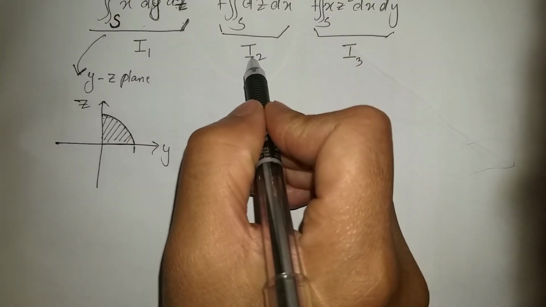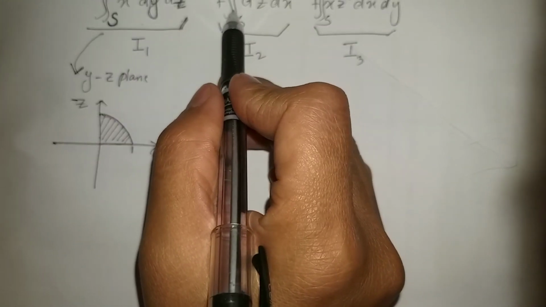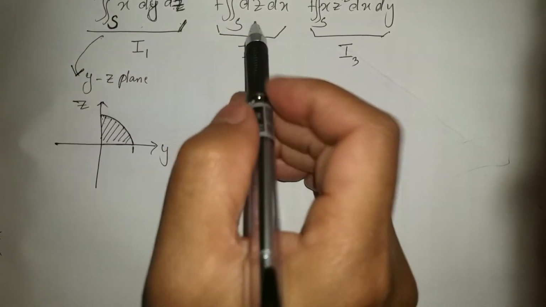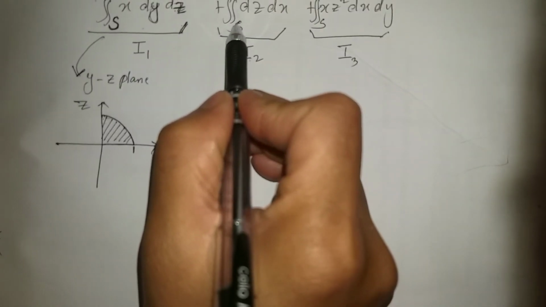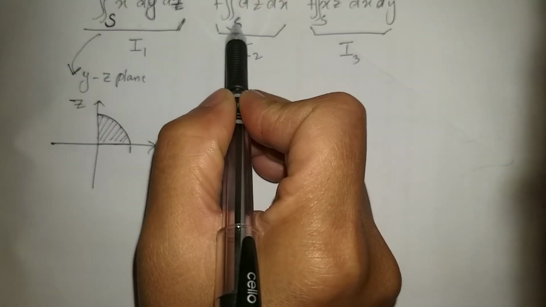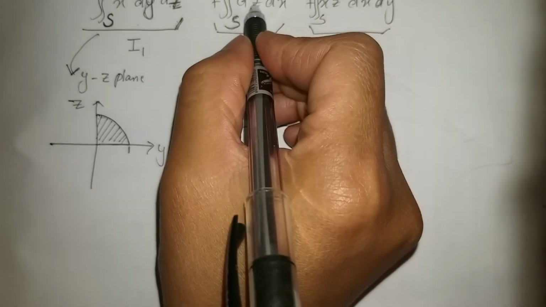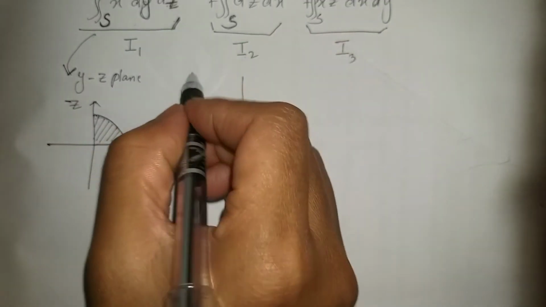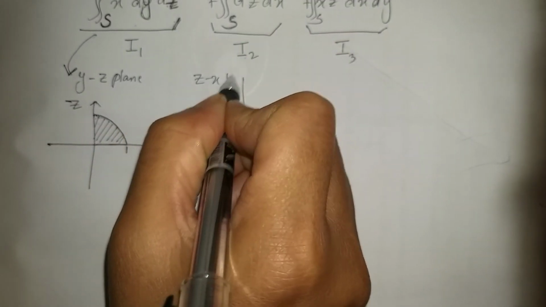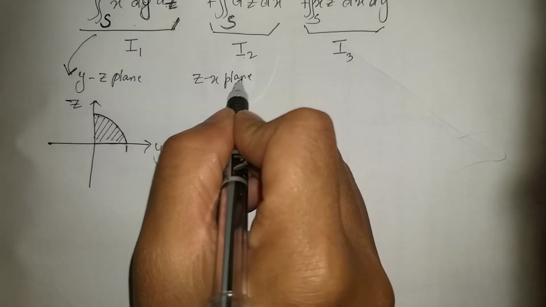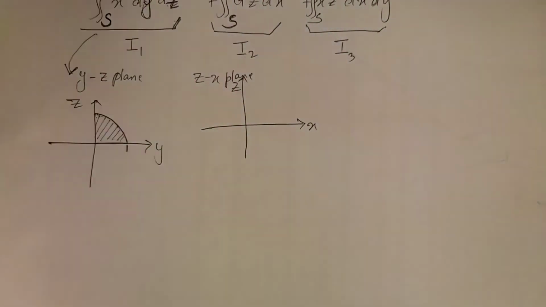Similarly, for solving I2, we project this surface S on the xz plane. This is the x axis, this is the z axis.